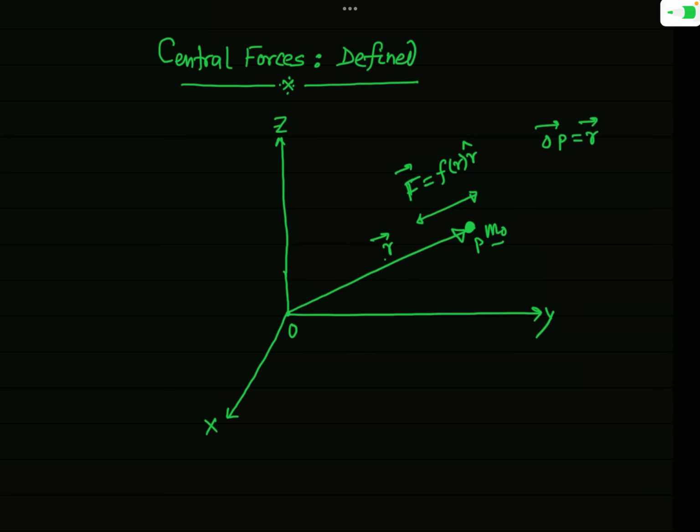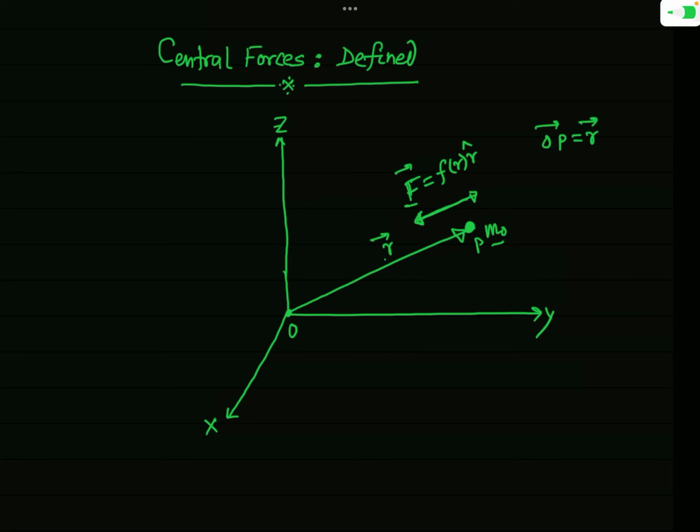The first condition is that the force F acting on this point mass m0 should be directed towards a fixed point, let us say O. Here O is the origin, but don't confuse that this must be the origin. This is an arbitrary point. If the force acting on m0 is directed towards this point O, as I have shown here by this arrowhead, or if it is directed away from the point O, that is, the force acting on the point mass m0 is directed either towards O or away from it, this is the first condition.